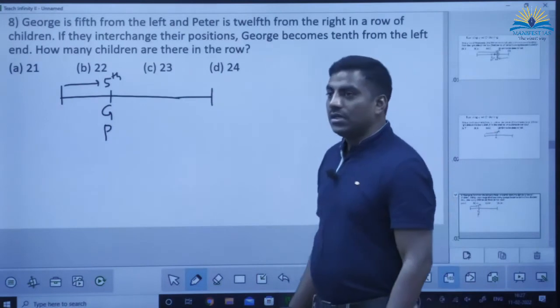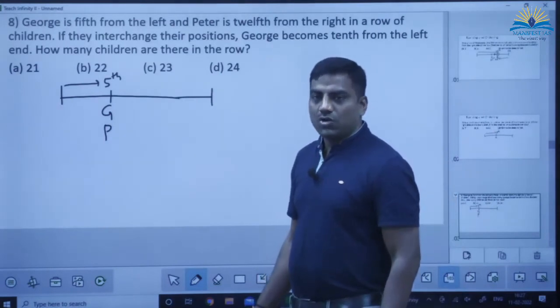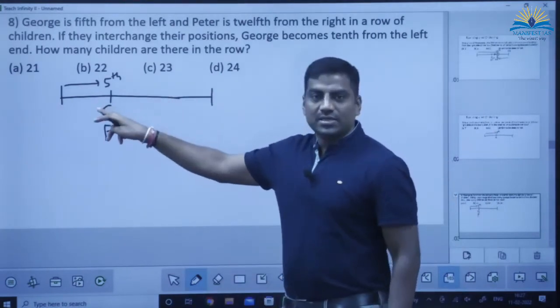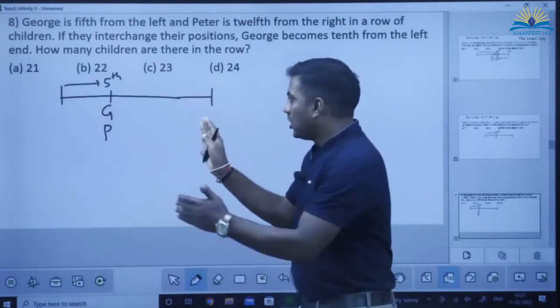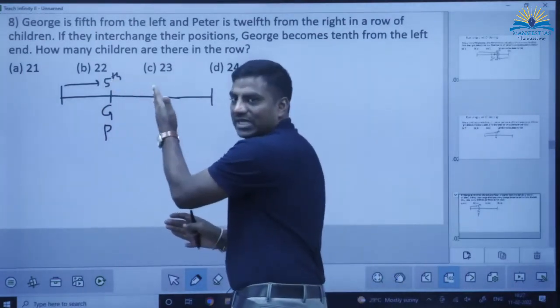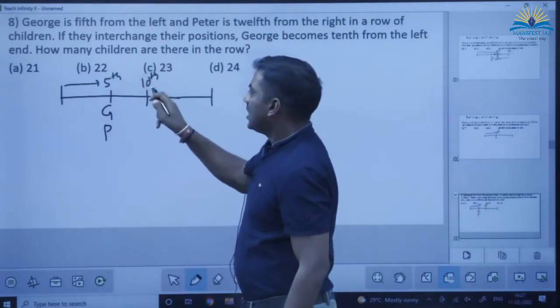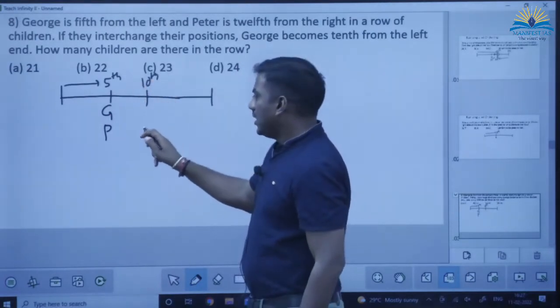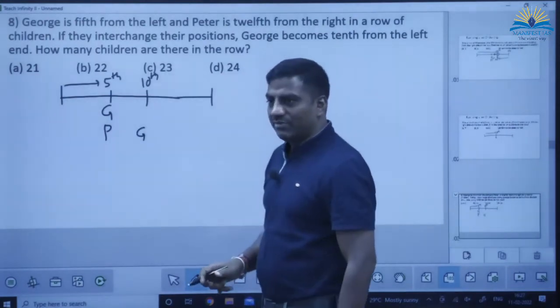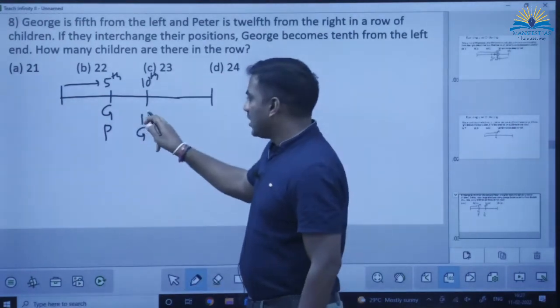So, where is George's position now? This side or this side? 10th. Because it is 5th from left, 6, 7, 8, 9, 10. So, here, this is 10th from left. This is George's new position. That means, Peter was here earlier.